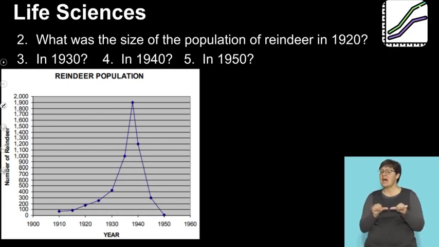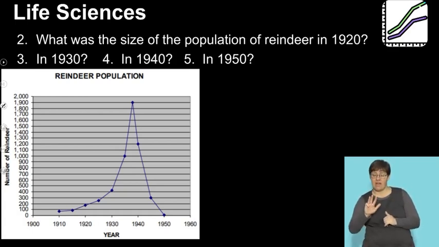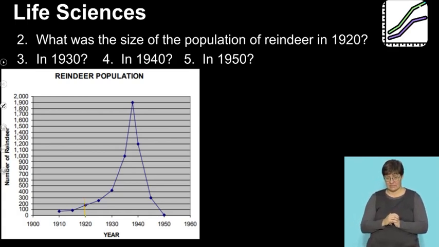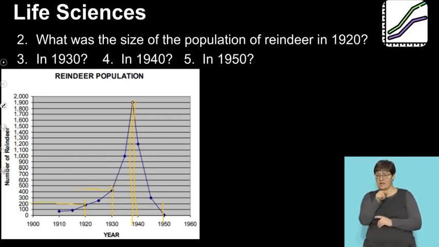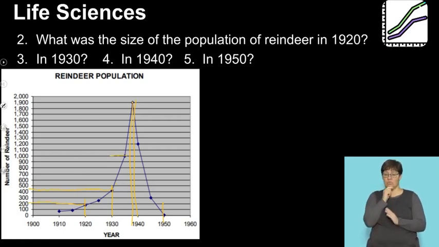What was the size of the population in 1920, in 1930, in 1940, and in 1950? All right, so we will draw our vertical lines, we will read across, and this is essential that you use a ruler so that you can get the exact figures, and you're going to read off those figures against the y-axis.